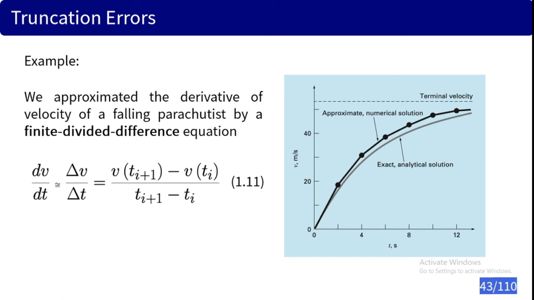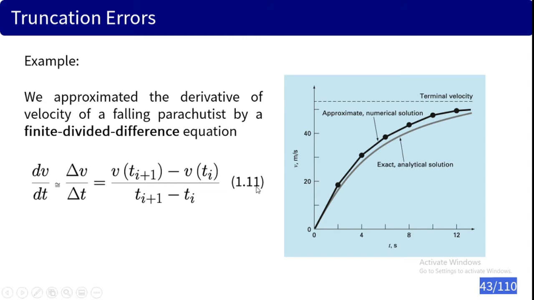Okay, let's go back to the example of truncation errors. In the falling parachutist problem, we approximated the derivative of velocity by using the finite divided difference equation.